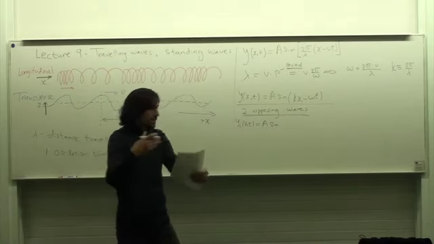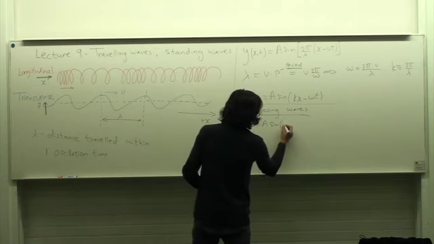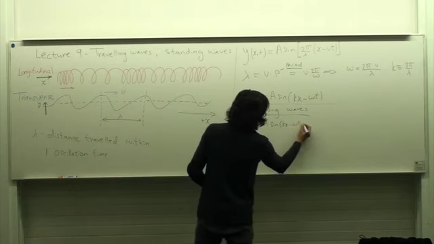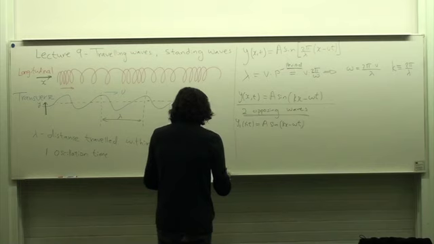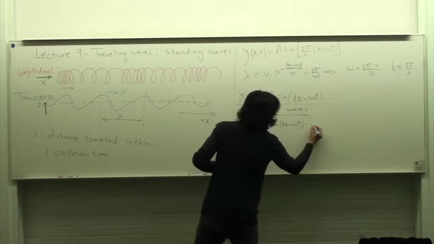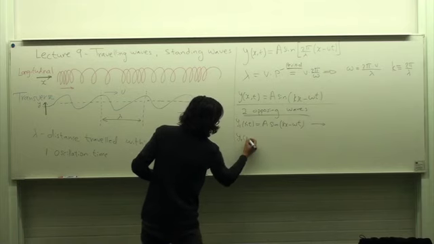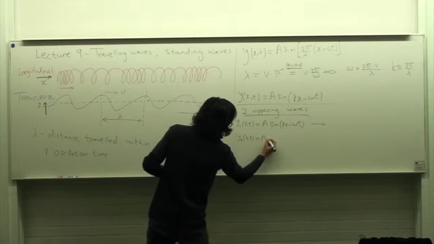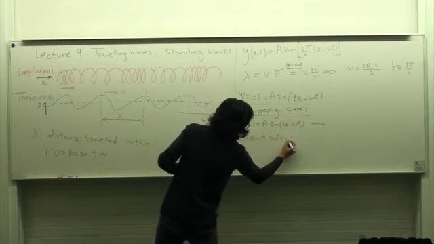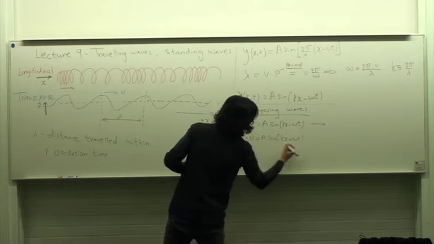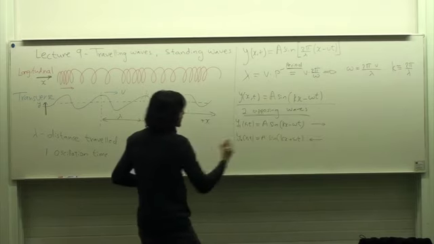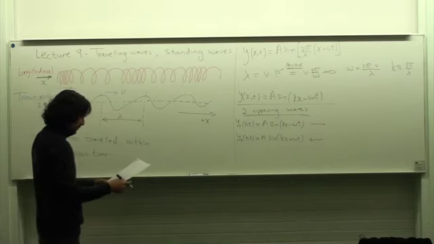It's just we generated in opposing directions. Okay, so this is traveling from left to right, and y2 of x,t is sine of kx plus omega t. This is traveling now from right to left.